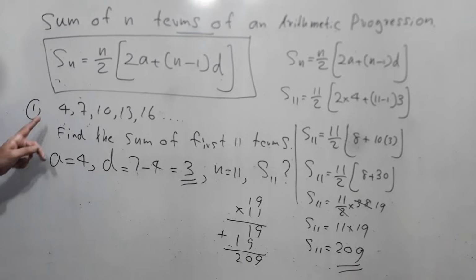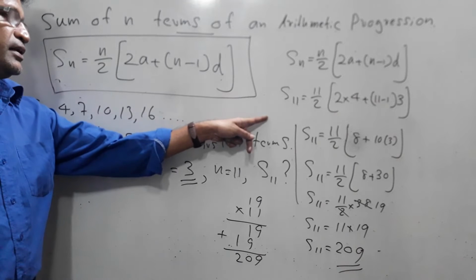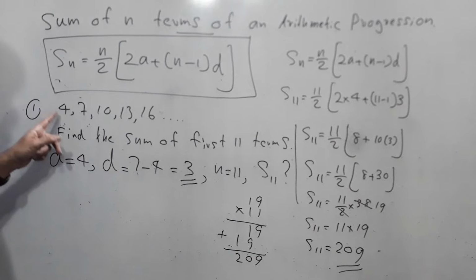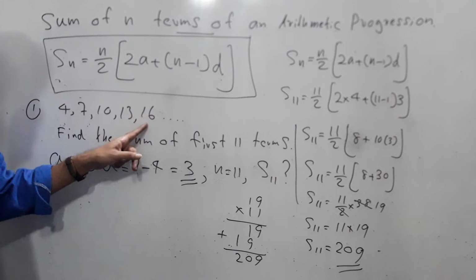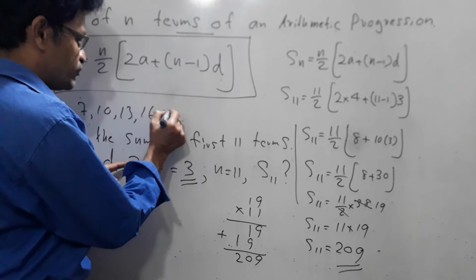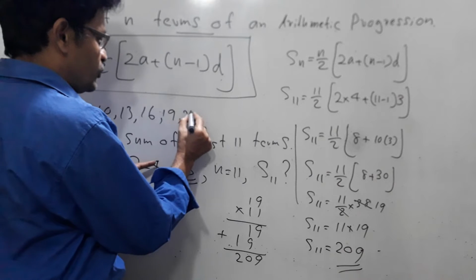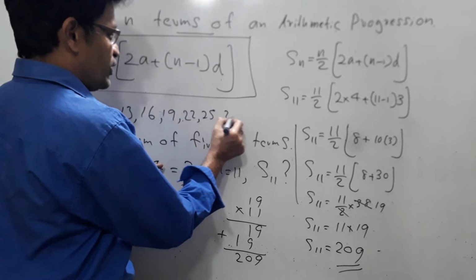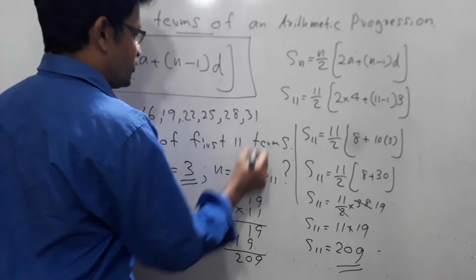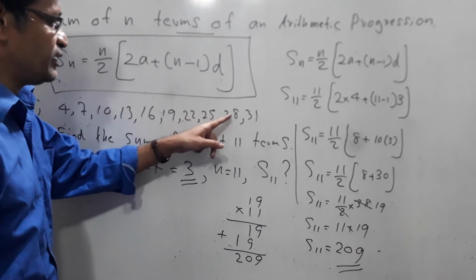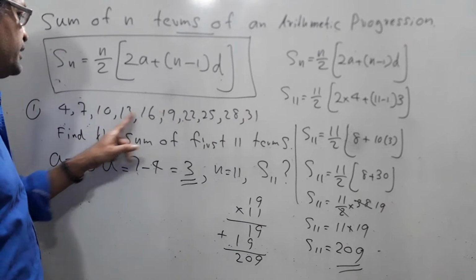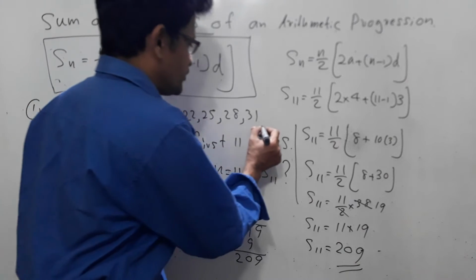That means if you write up to the 11 terms and add them one by one: 4, 7, 10, 13, 16, the next term is 19, then 22, 25, 28, then 31. How many terms are there? 1, 2, 3, 4, 5, 6, 7, 8, 9, 10.